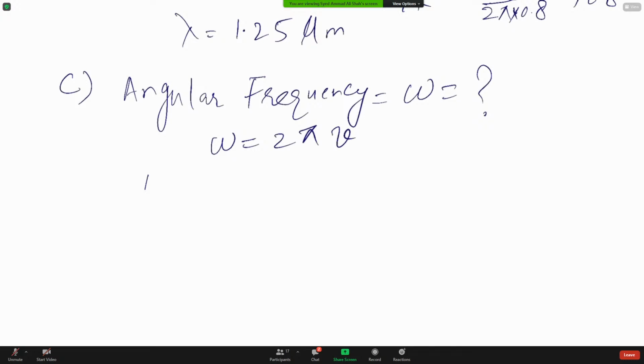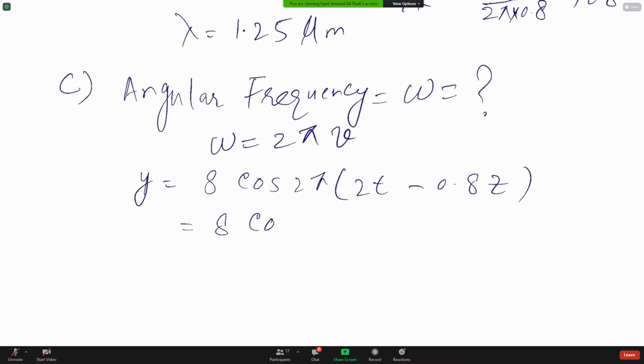We have the expression y is equal to 8 cos 2 pi 2t minus 0.8 z. So it means it's 8 cos 4 pi t minus 2 pi multiplied by 0.8 z. So that's your 2 pi nu t.